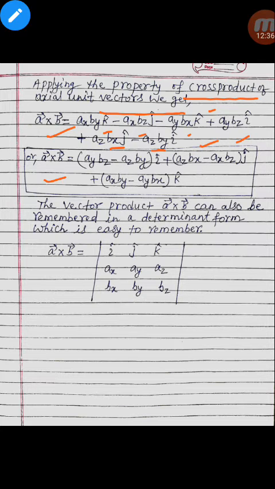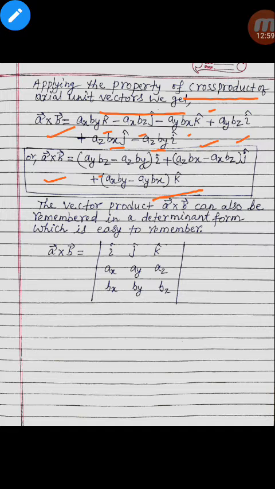Or a cross b equals (ay bz minus az by) i plus (az bx minus ax bz) j plus (ax by minus ay bx) k.